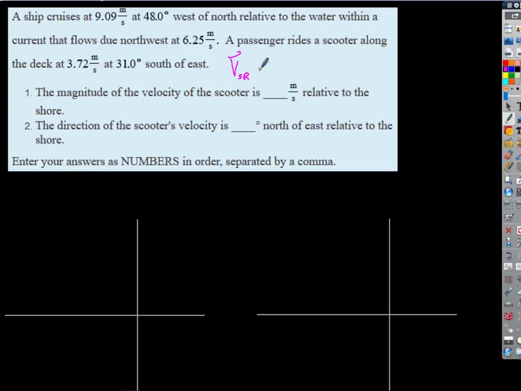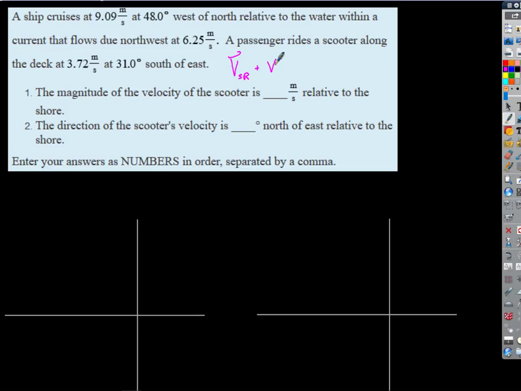Okay, we've got the velocity of the passenger riding a scooter along, oh sorry, the water is flowing. So what's that relative to? That's the velocity of what? There's a current. So the water's flowing, moving relative to what?